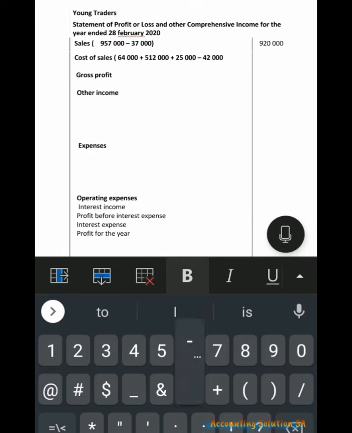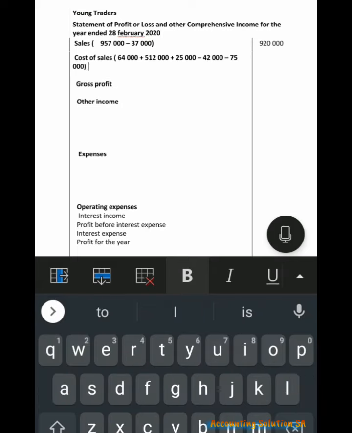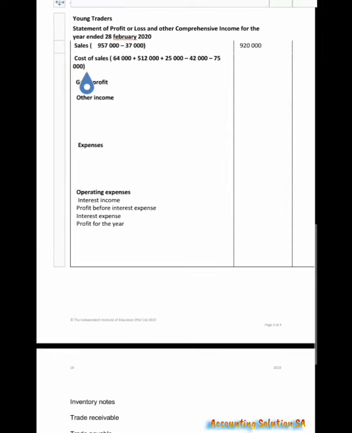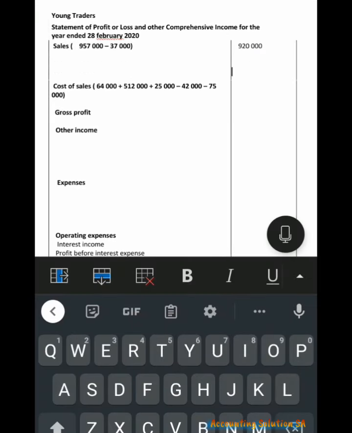So minus 75,000. Then we close the bracket. You have to make sure that you show all this calculation because you are going to earn marks.